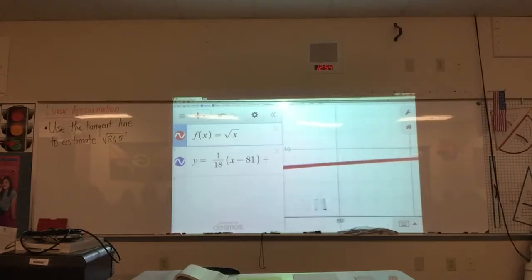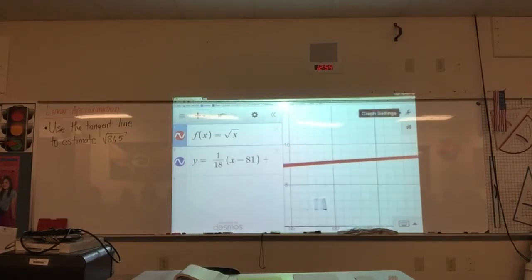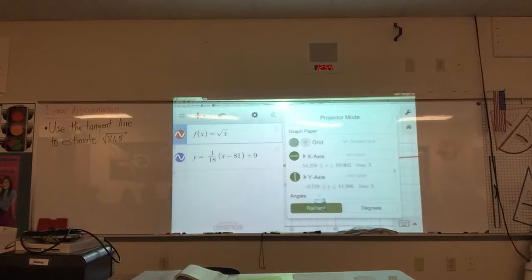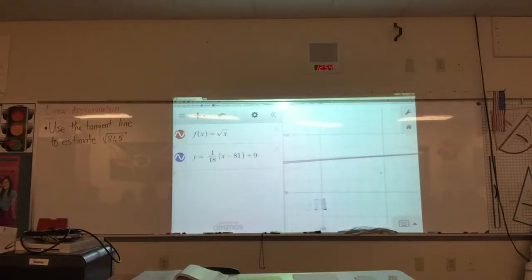Then right in here, it gets so close that you can hardly tell the difference between them. See what I'm saying? There's actually two lines here. I can prove it to you: if I take off the blue one, the red one's there. Take off the red one, the blue one's there. But what's going on here is the square root function is the red one.